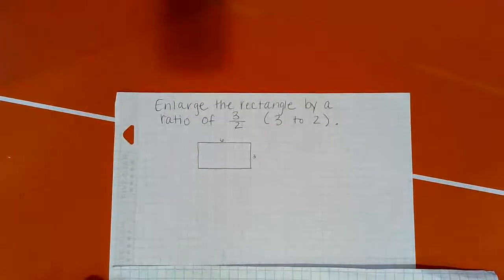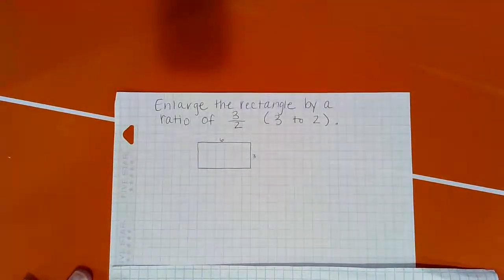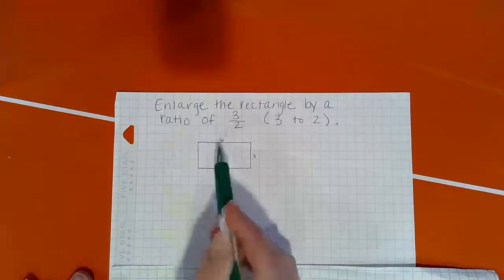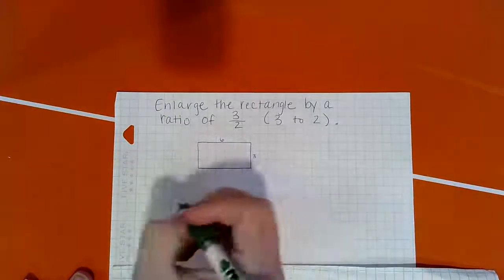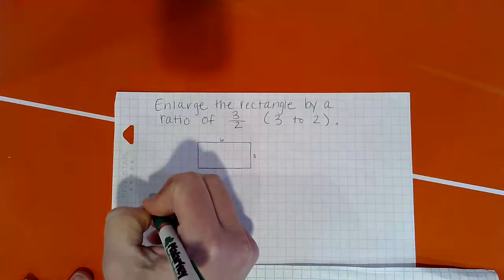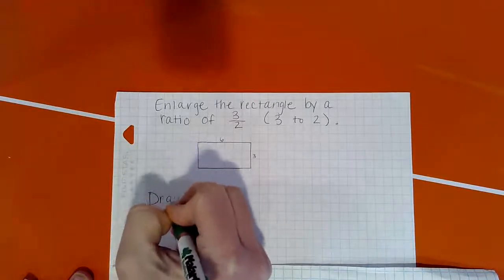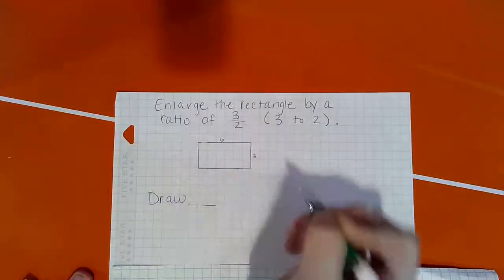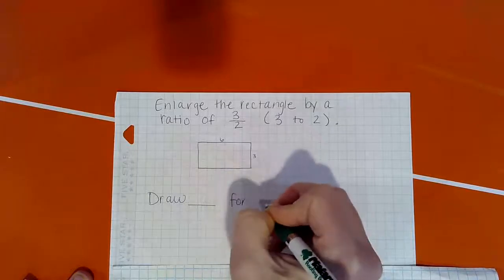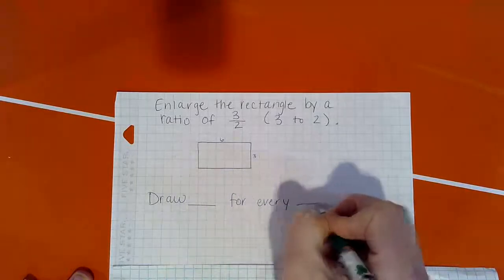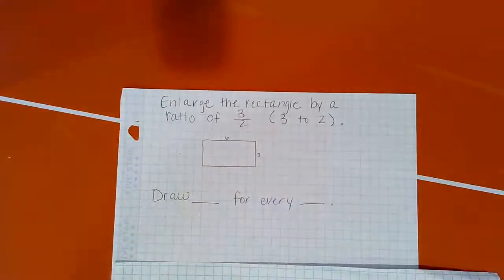A little phrase that I like to think about really helps me with ratios, because sometimes these can be really tricky. For 3 to 2, I like to fill in the blanks. I'm going to say draw blank for every blank. And I'm going to fill in those blanks with our ratio in the order we see it, top to bottom.